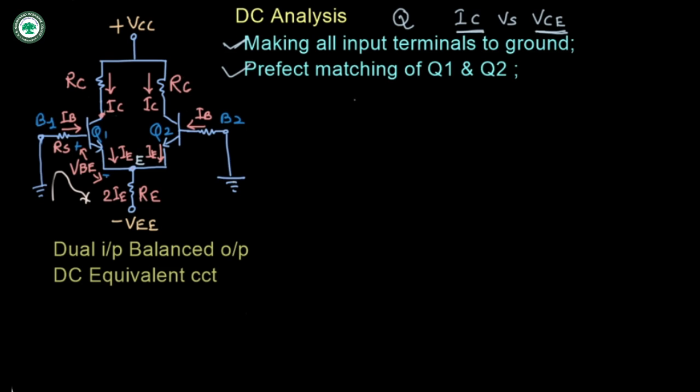and Q2. Now in order to get the VCE value, we will be going to see the actual circuit here. So let us apply Kirchhoff's voltage law to the base emitter loop of Q1.